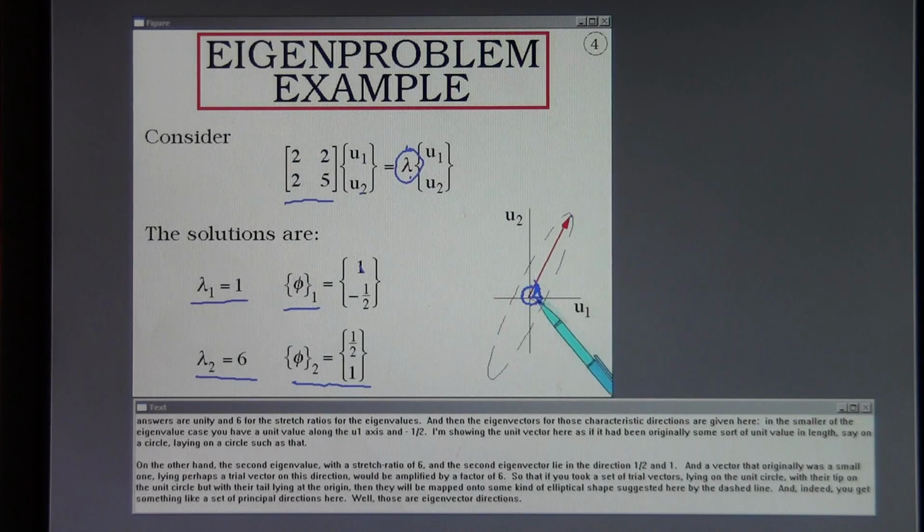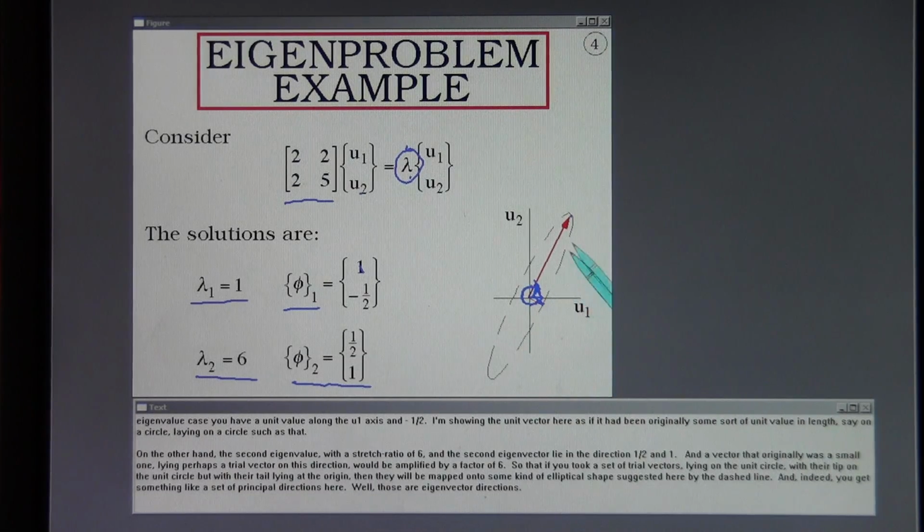So that if you took a set of trial vectors lying on the unit circle with their tip on the unit circle but their tail lying at the origin, then they would be mapped into some kind of an elliptical shape that's suggested here by the dashed line. And indeed you get something like a set of principal directions here. Well, those are our eigenvector directions.